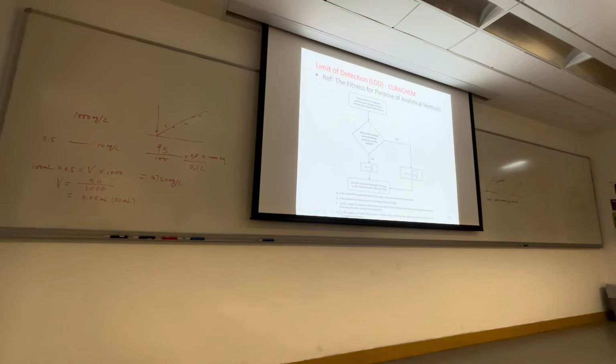If yes, then we need to calculate the S naught prime again. If no, we will also calculate the S naught prime. That is equal to S naught over square root n, okay? And use this S naught prime for calculation of the LOD and LOQ.